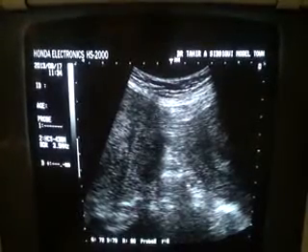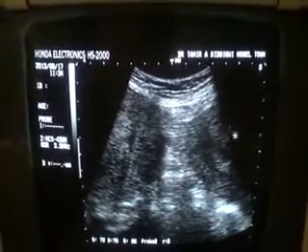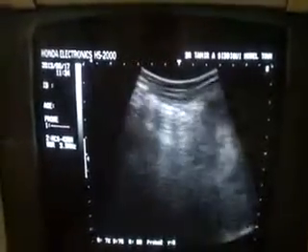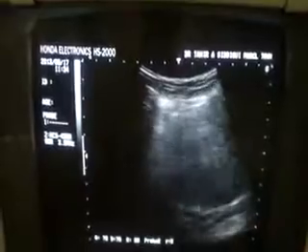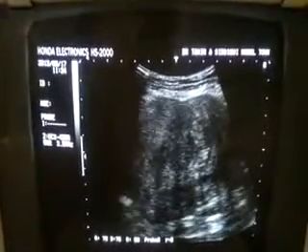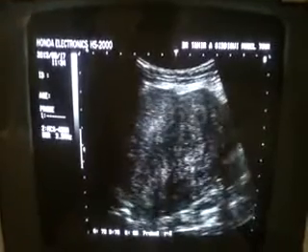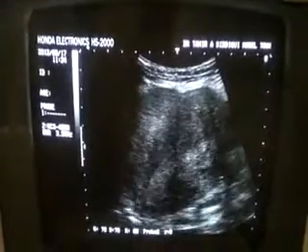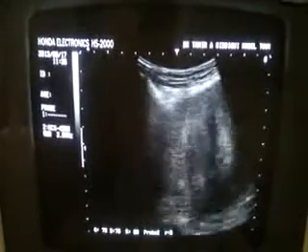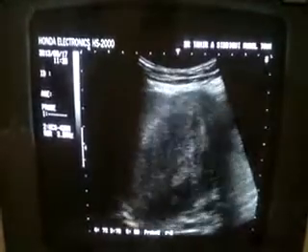This is the fibroid, this is the fundal region of the uterus, pedunculated, and it extends up to the umbilical region. See the appearance of the fibroid: heterogeneous appearance, no significant calcifications so far.